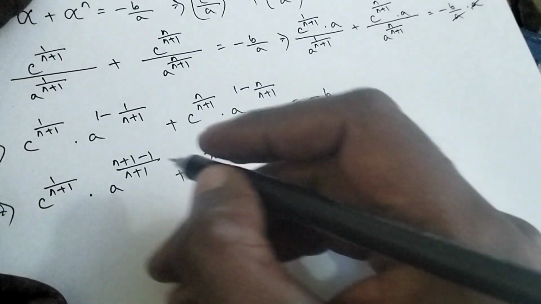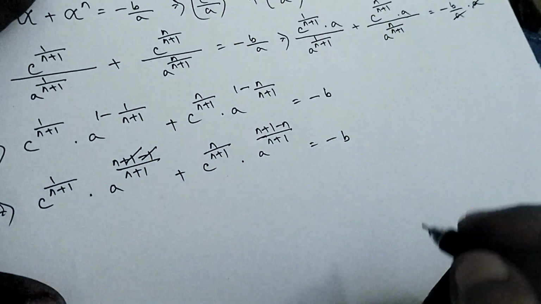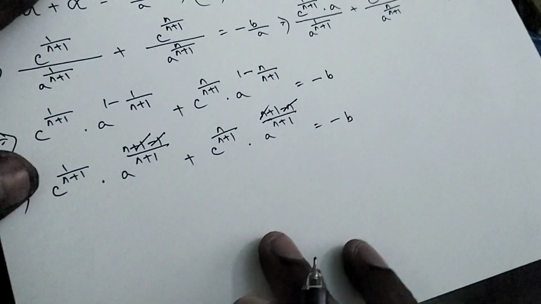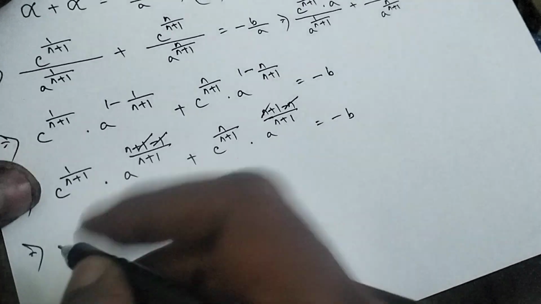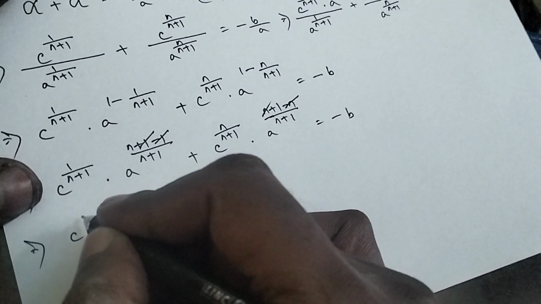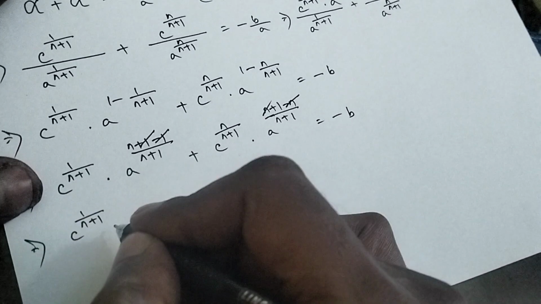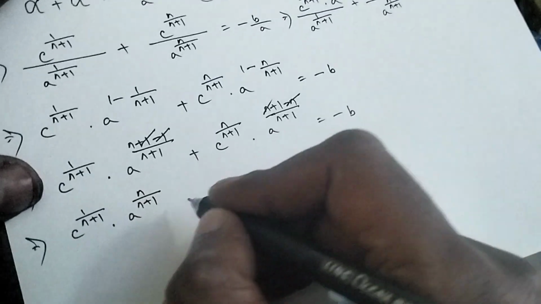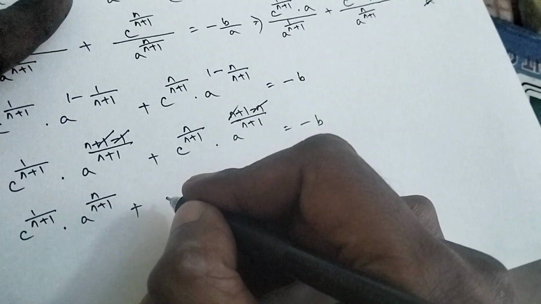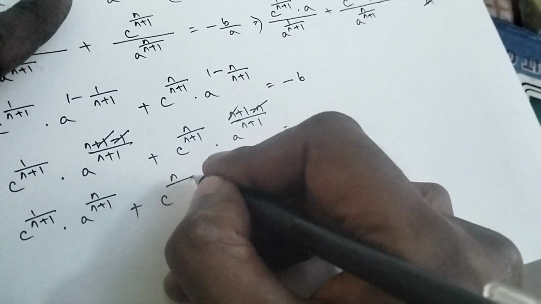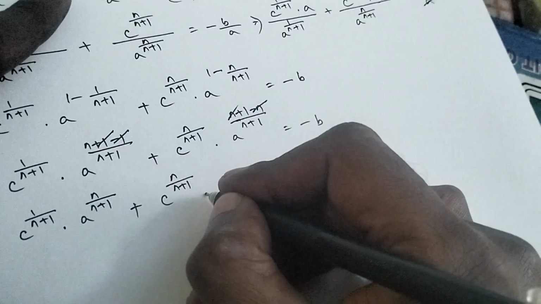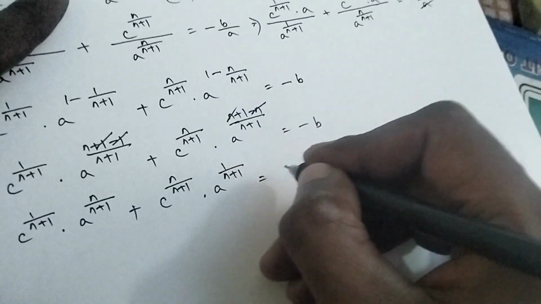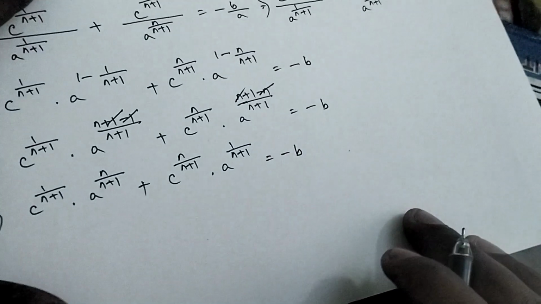So here plus 1 minus 1 will get cancelled, and here minus n plus n will get cancelled. So here it will be c to the power 1 by n plus 1 into a to the power n by n plus 1 plus c to the power n by n plus 1 into a to the power 1 by n plus 1 is equal to minus b, right?